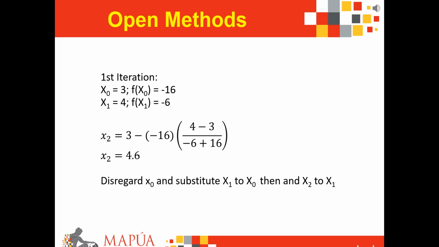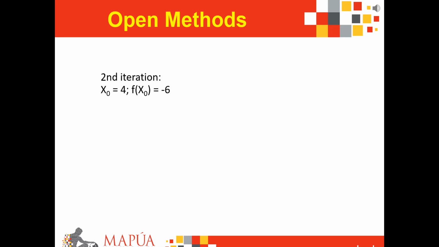We then repeat the process by disregarding x0, which was 3, substituting x1 to x0, which is 4 now, and then the calculated x2, which is 4.6, is placed as x1, replacing the previous value 4. Hence, on the next iteration, you have x0 equal to 4 with a function of -6 and x1 equal to 4.6 with a function equal to 7.296.